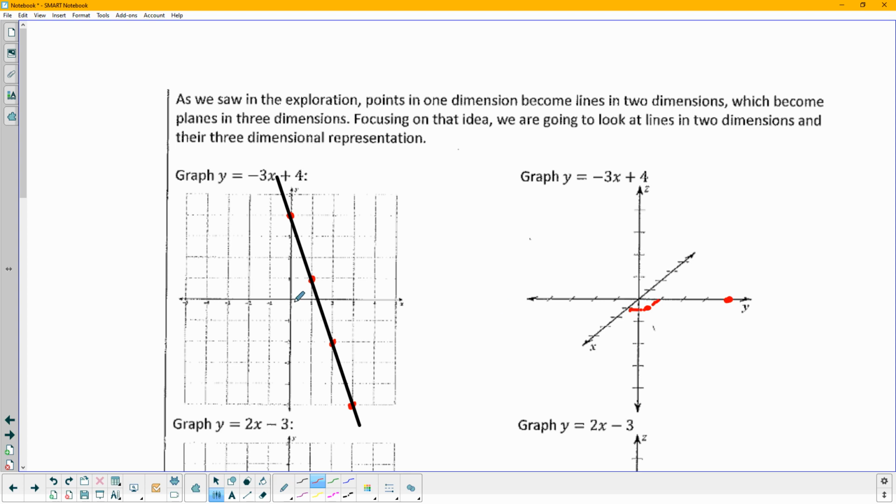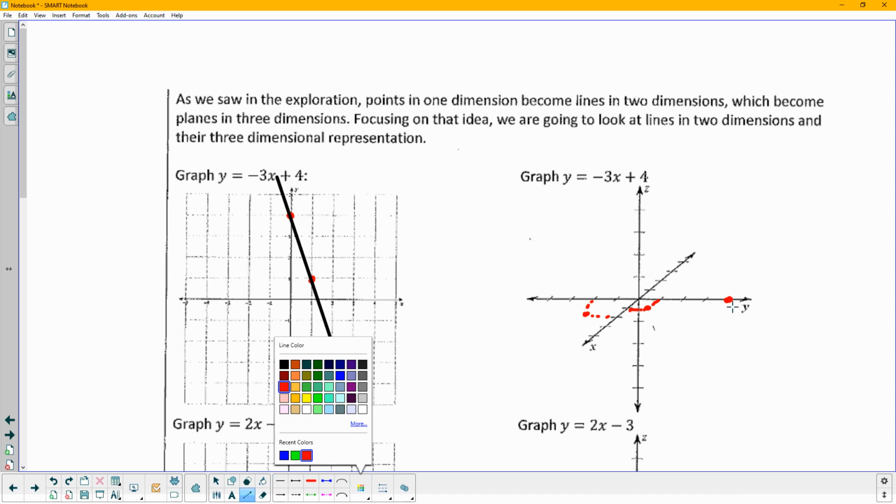And then maybe we'll do one more. I don't want to do them all. We had, what is that, -2, 2. So 2, -2. And that's going to be about there. That's the point where that intersects with that. And so we've got these 3 points. Now we can graph our two-dimensional line.